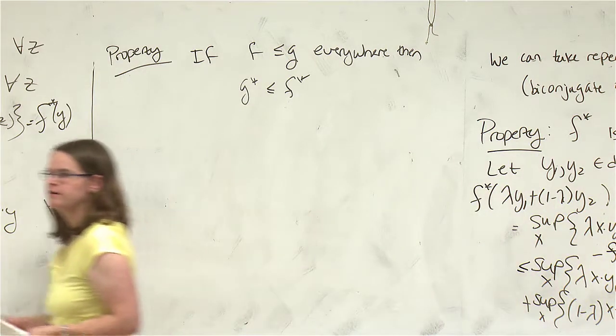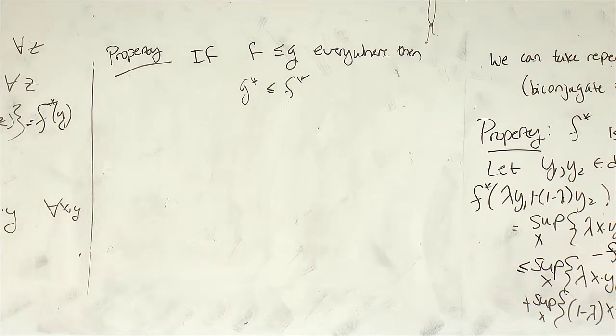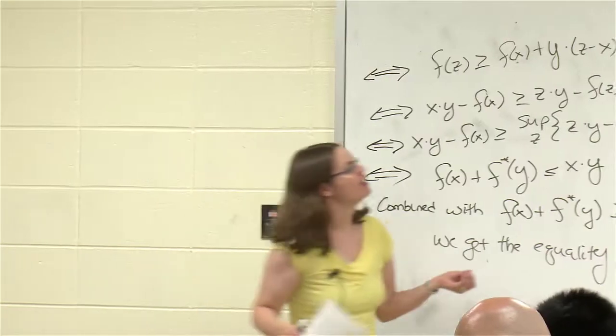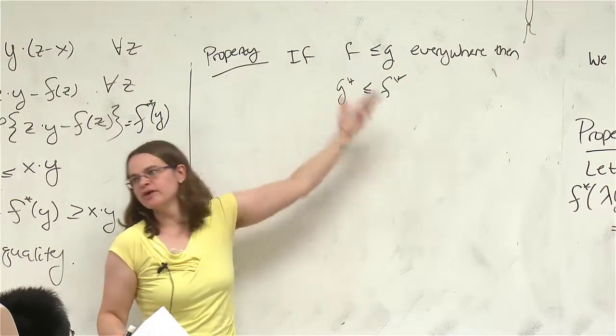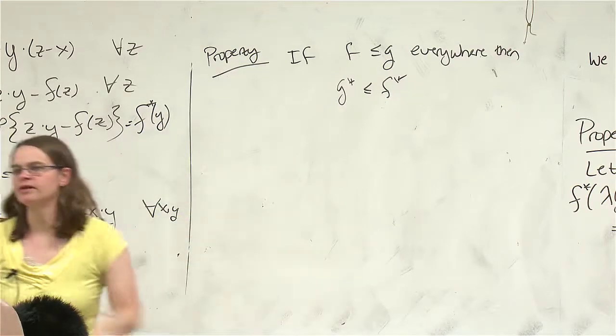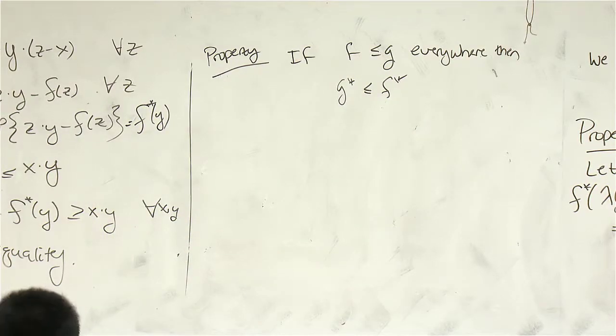Okay, this is a one-liner. We have x dot y minus f of x, and if we know there's an ordering between f and g, then the ordering goes through. If you don't believe me, you can work it out yourself. I'll entrust that to you.